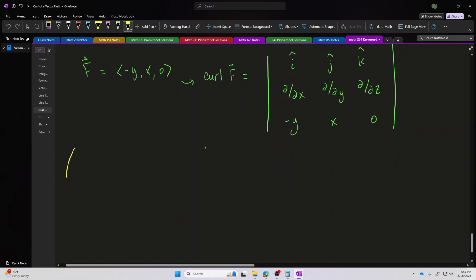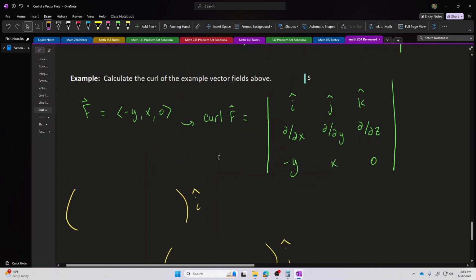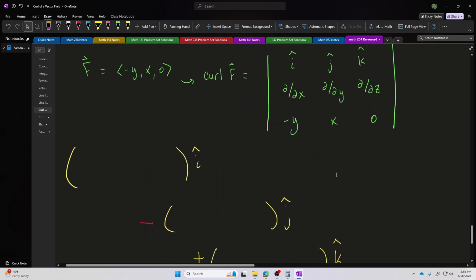So we're going to have something next to i hat, and then we're going to subtract something next to j hat, and then we're going to add something next to k hat, and those will be the components of the curl vector.